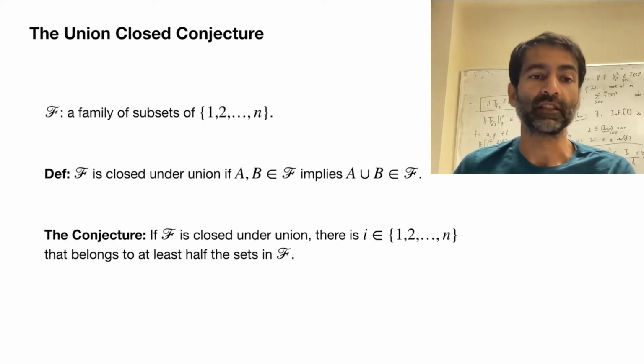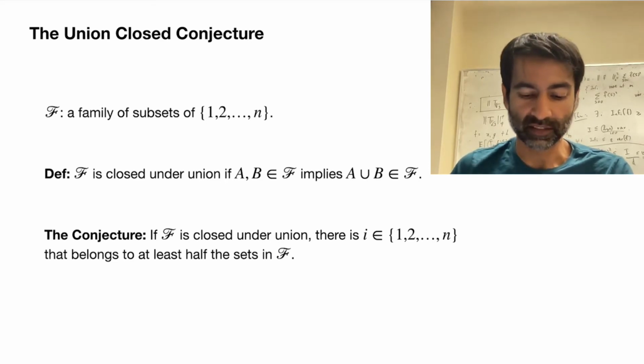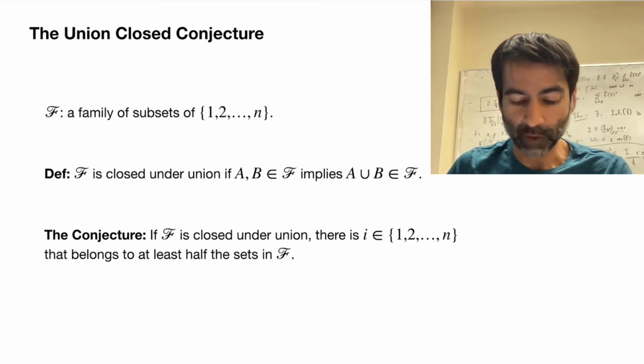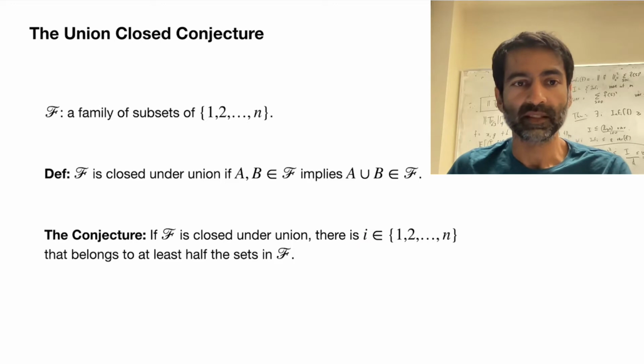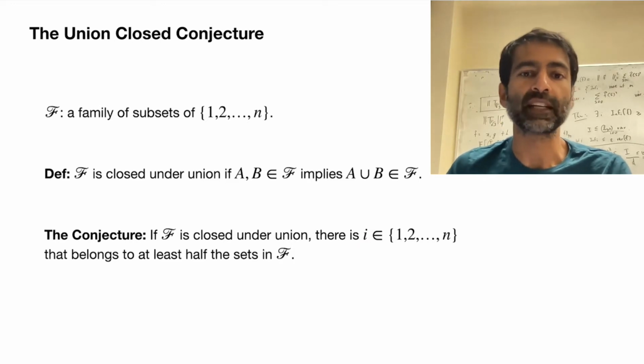And now the Union-Closed Conjecture is the conjecture that for every such family that's closed under union, there must be an element that belongs to at least half of the sets in the family.